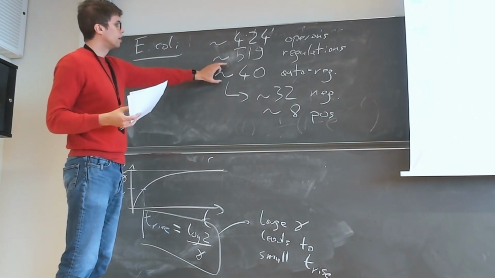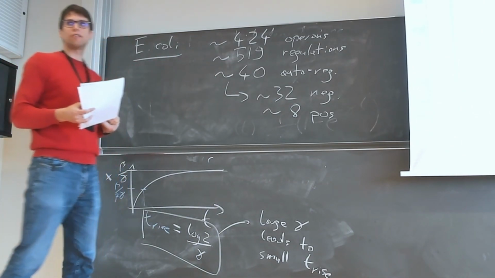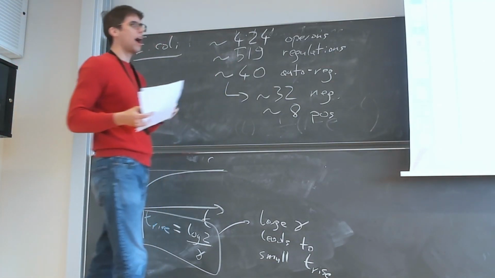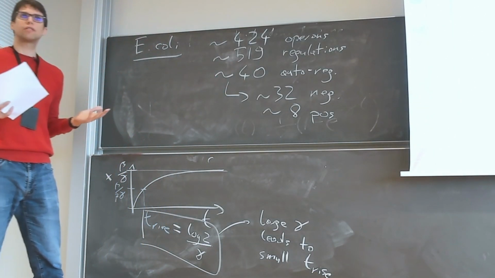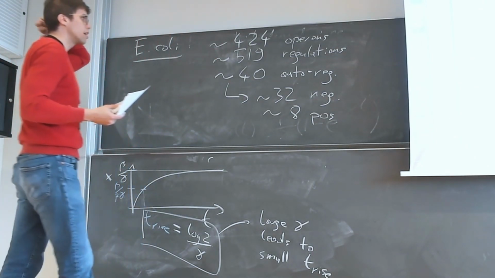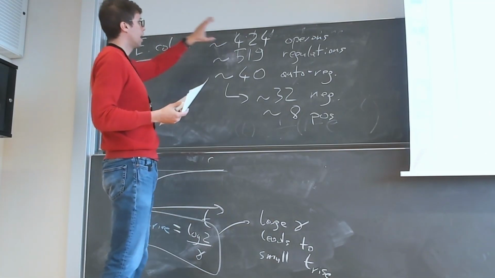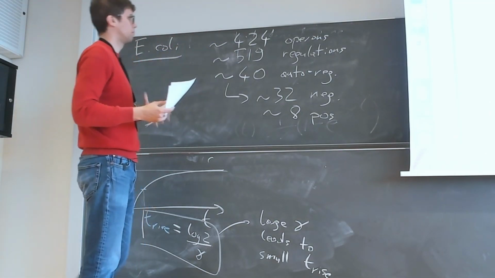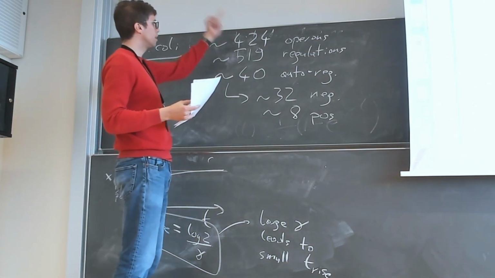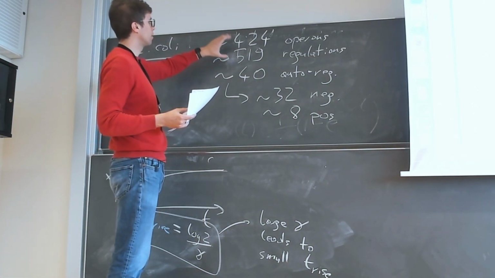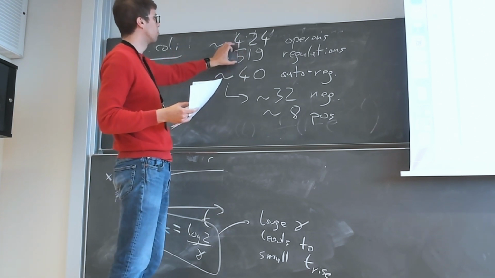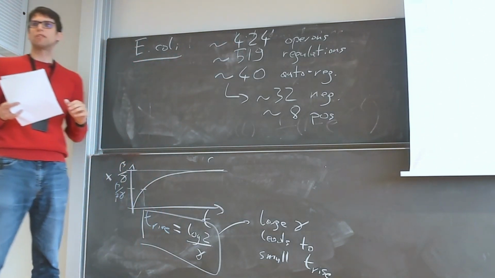But also, we can zoom into the 40 here. In some sense, this is a surprisingly high number of autoregulations. Because you have 519 regulations going on, and you have 424 possible targets. So you might think that the frequency of hitting yourself, of autoregulations, would be 519 over 424.